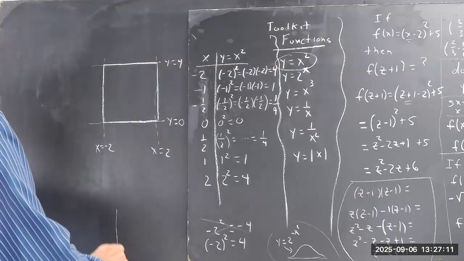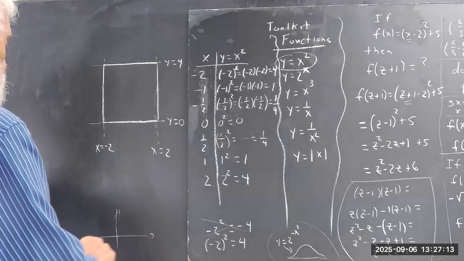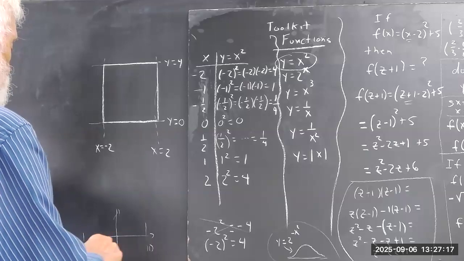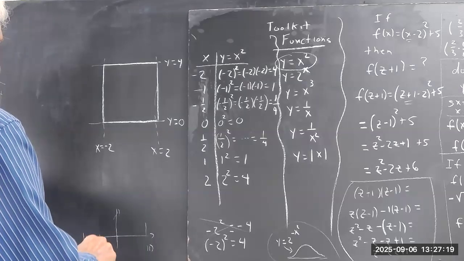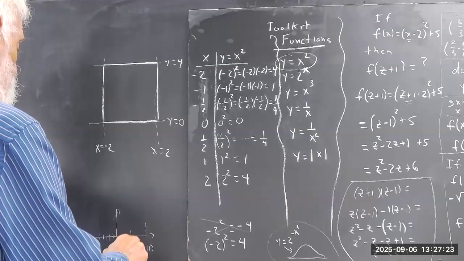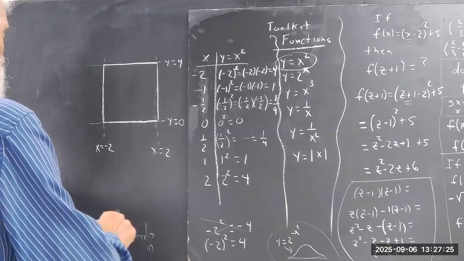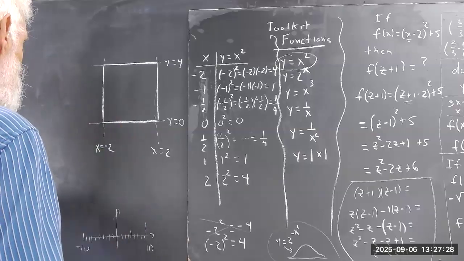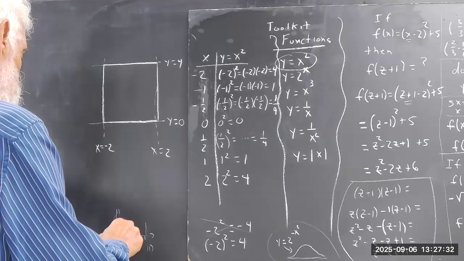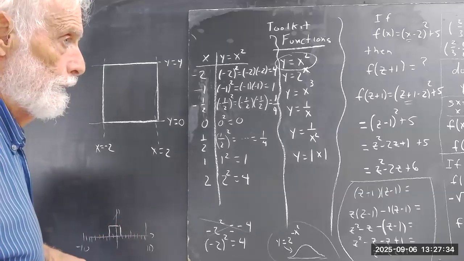So if you do what people are in the habit of often doing, is you go, here's -10, here's 10, 10 marks, and then you put 10 marks up here, and your graph ends up being in this little tiny window here, and you can't even see it.